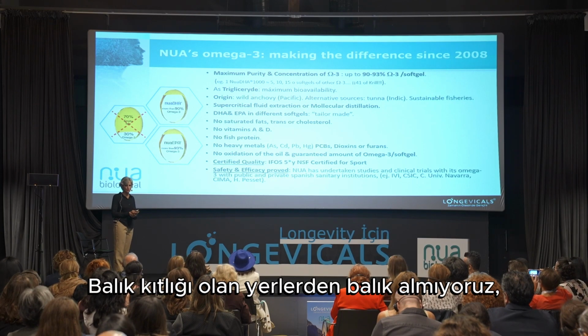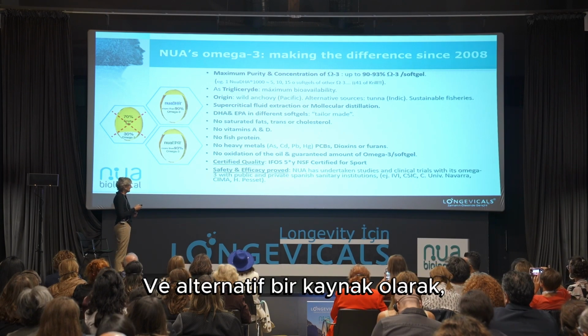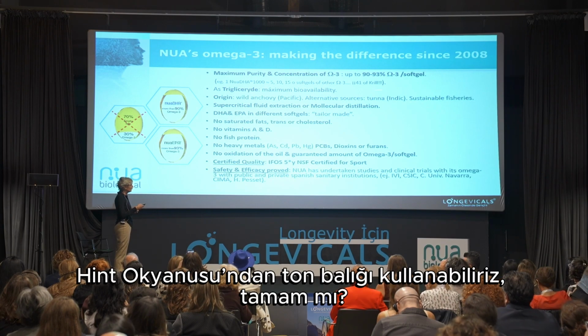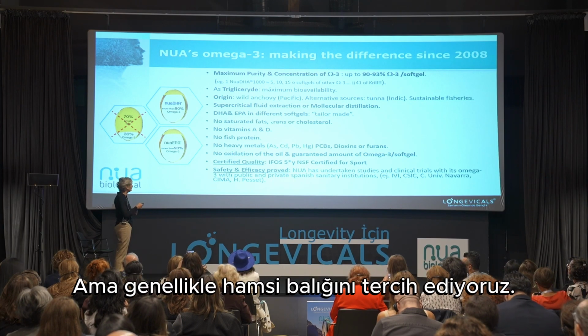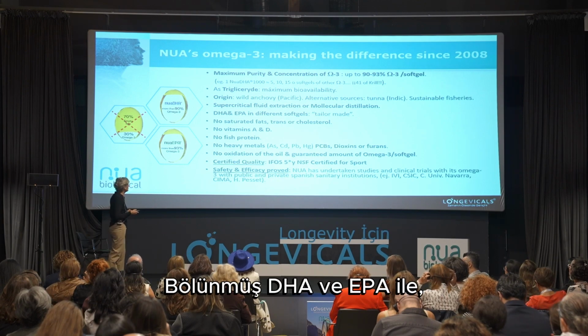We're not going to be fishing when there is a fish shortage, so that's very much controlled, okay? And as an alternative source, if there was ever any need, we can have tuna fish, okay? But mainly we use anchovy. This is part of the process I mentioned earlier for the extraction.